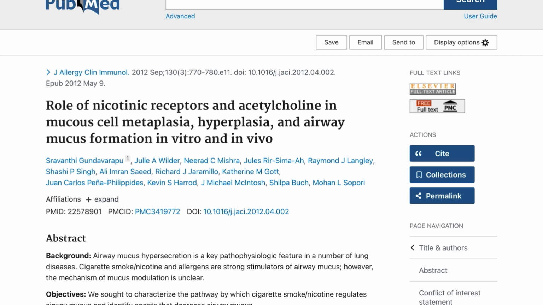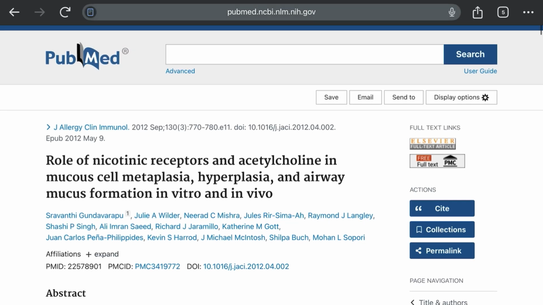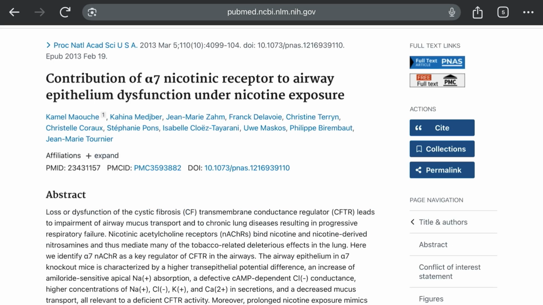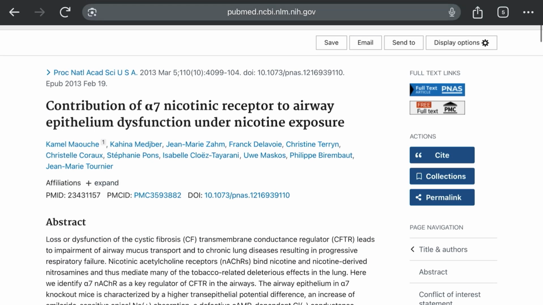They also discussed the ill effects of cigarette smoking or nicotine smoking in airways. You can go through this paper to know more about the expression of nicotinic receptor in mucous cells. The next paper is on the expression of nicotinic receptor in epithelia.